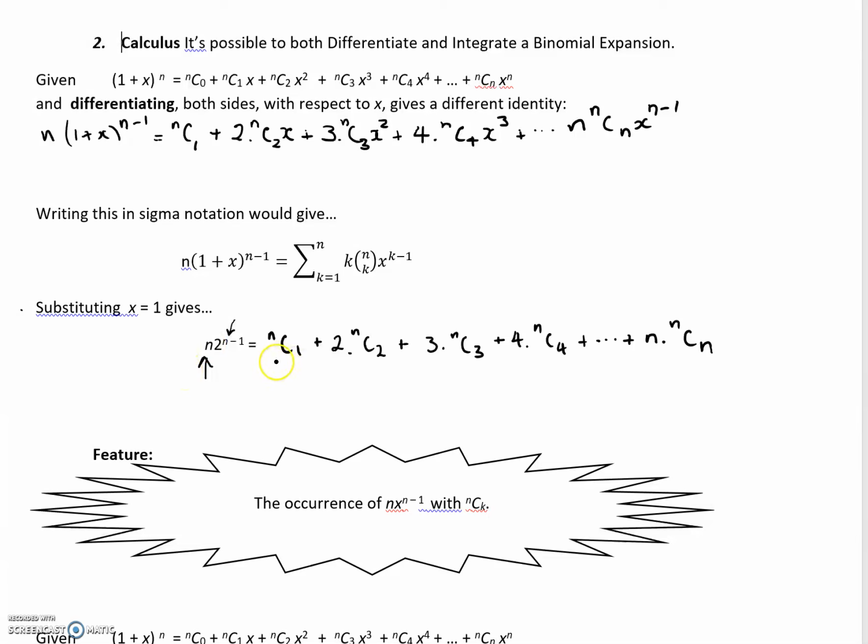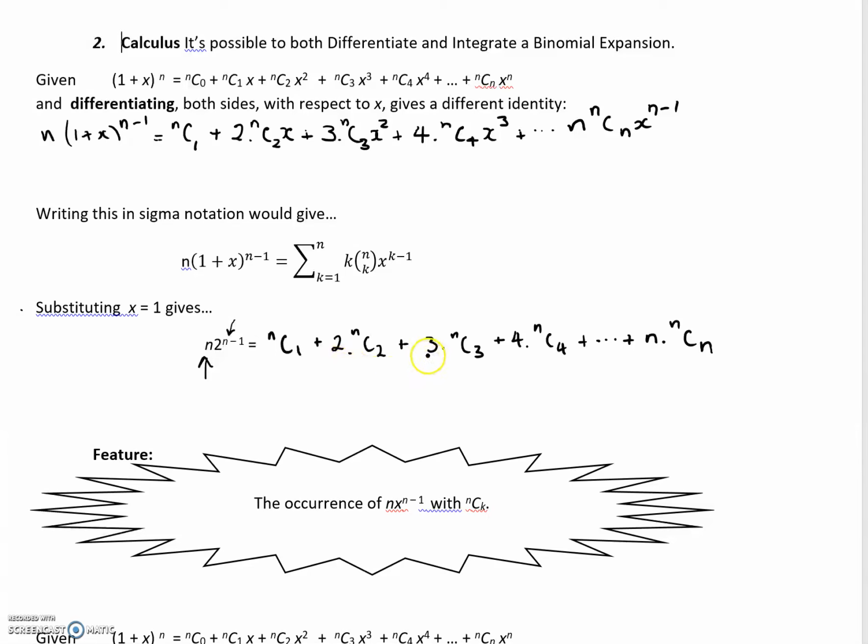And on this side, still supporting the idea of differentiating in that a constant, when differentiation is applied, disappears. So yes, our nC0 disappeared, and we're seeing that powers are appearing as coefficients.